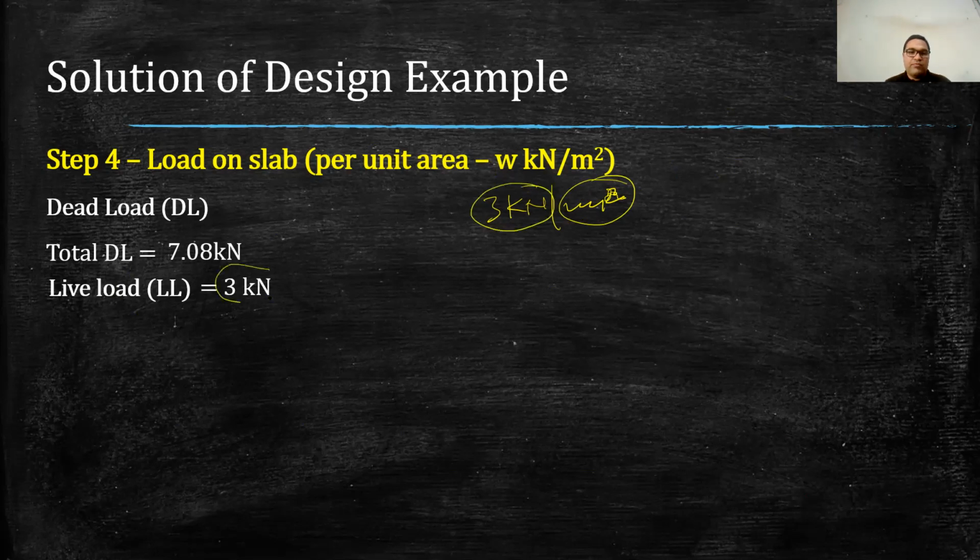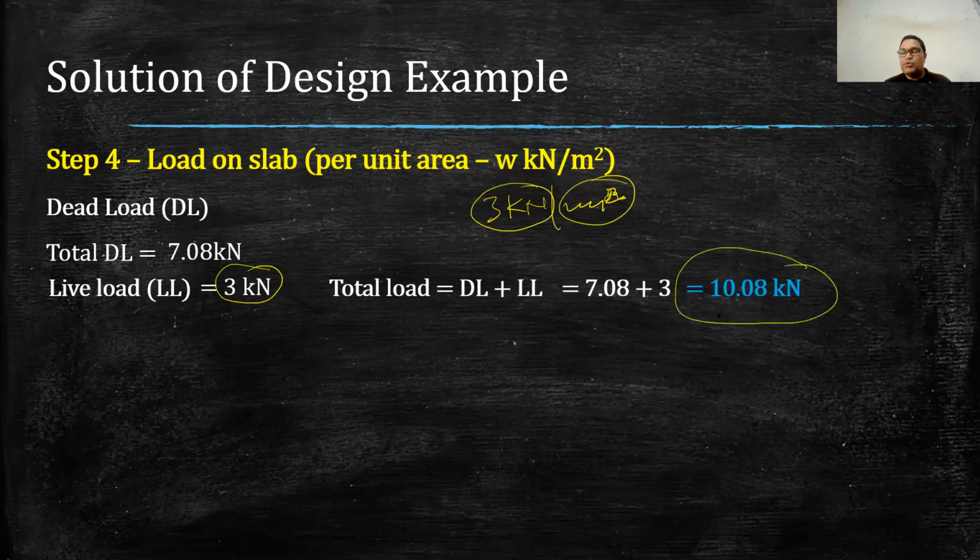So that is why I have written the value directly here as 3 kilonewton. Now, adding the total dead load and live load, we get the total load as 10.08 kilonewton. So that is our total load for this slab. So now in step 4, we have calculated the total load.